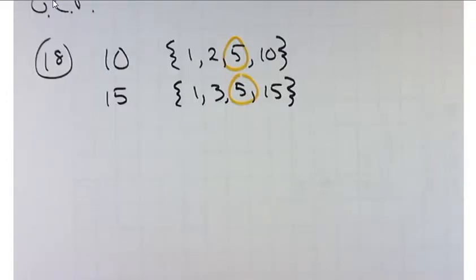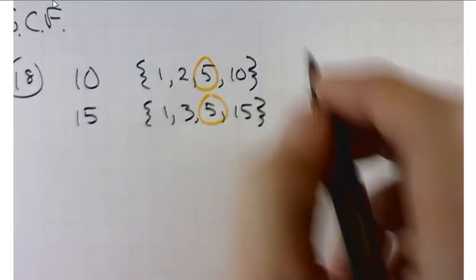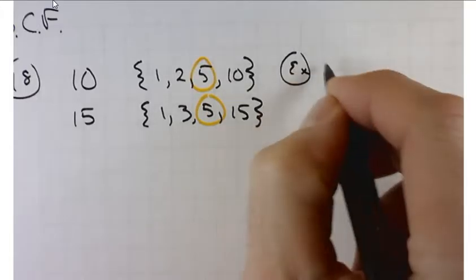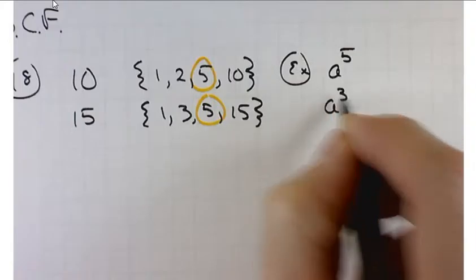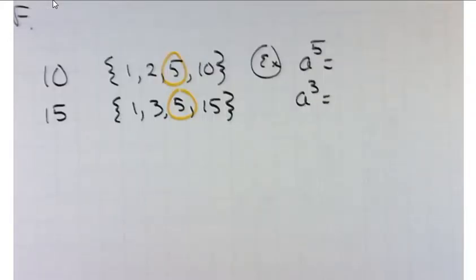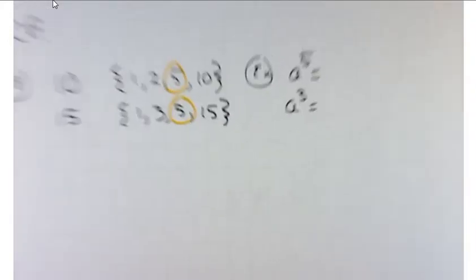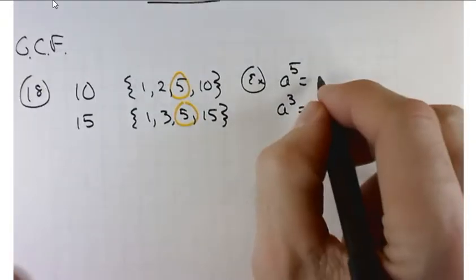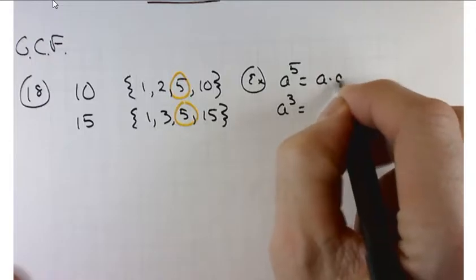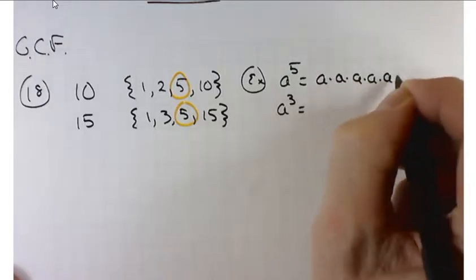But now what we're worried about is more of the GCF in terms of expressions. And by that, let's take a look at a to the 5th and a to the 3rd, and understand what the GCF is here. So this is my own example. It's not one that's in the book. A to the 5th is a multiplied by itself a total of 5 times.